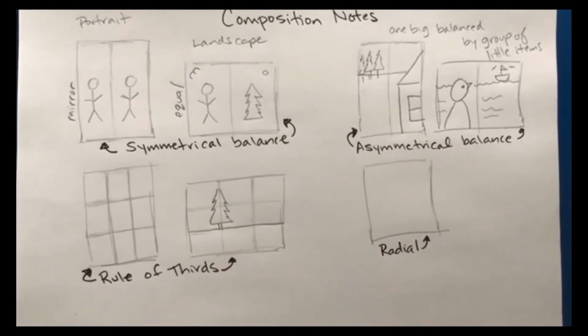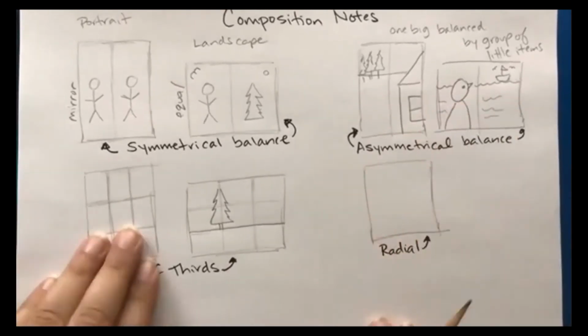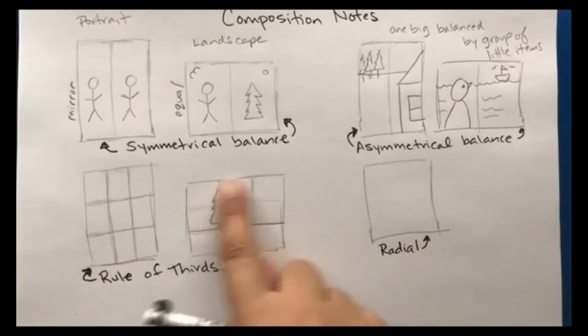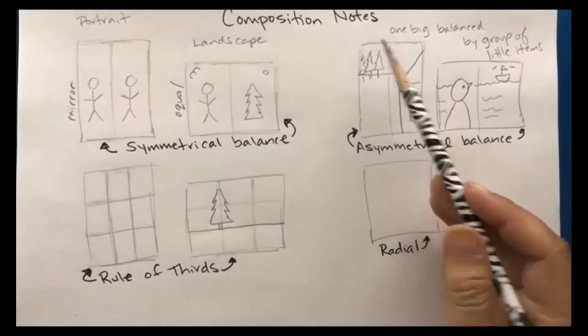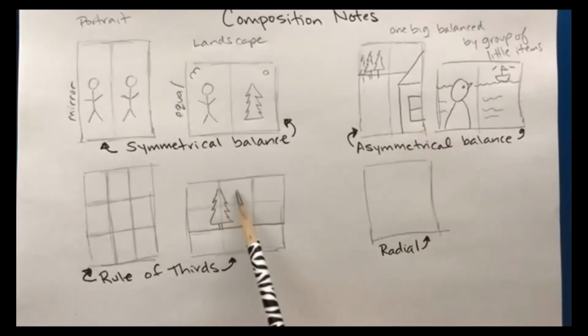Okay? Now, the difference between asymmetrical and rule of thirds is that this can be done because it's on those lines, I don't need small things to balance it out. Right? The other one has to have one big thing and a group of small things. This one, it could just be by itself.